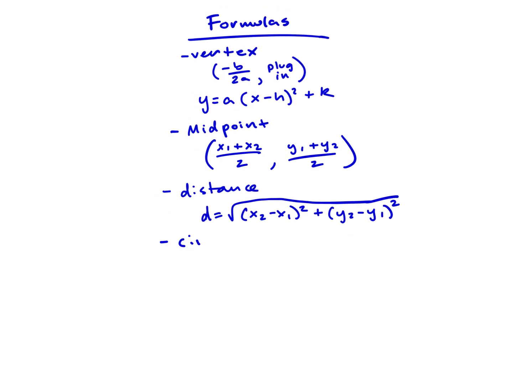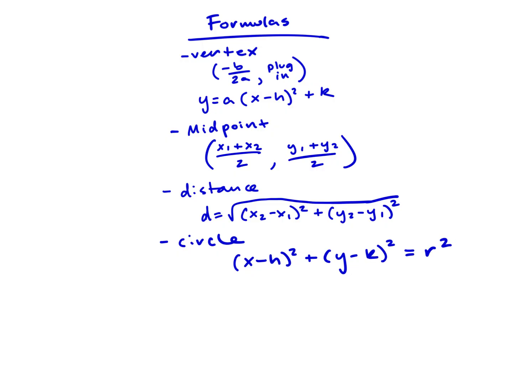You've got to know your circle formula. So y equals x minus h squared, actually it's not y equals, I lied. X minus h squared plus y minus k squared equals r squared.